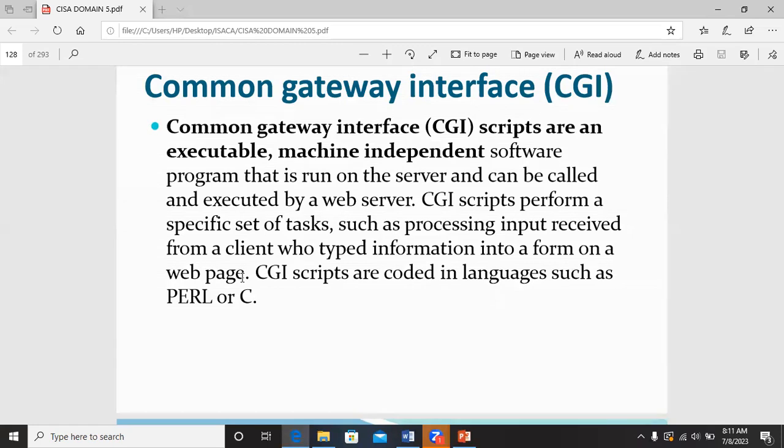That's a very dynamic website. So Common Gateway Interface, CGI scripts, are used to enable that communication between the user and the web server in a dynamic website. That is basically what CGI scripts are used for.